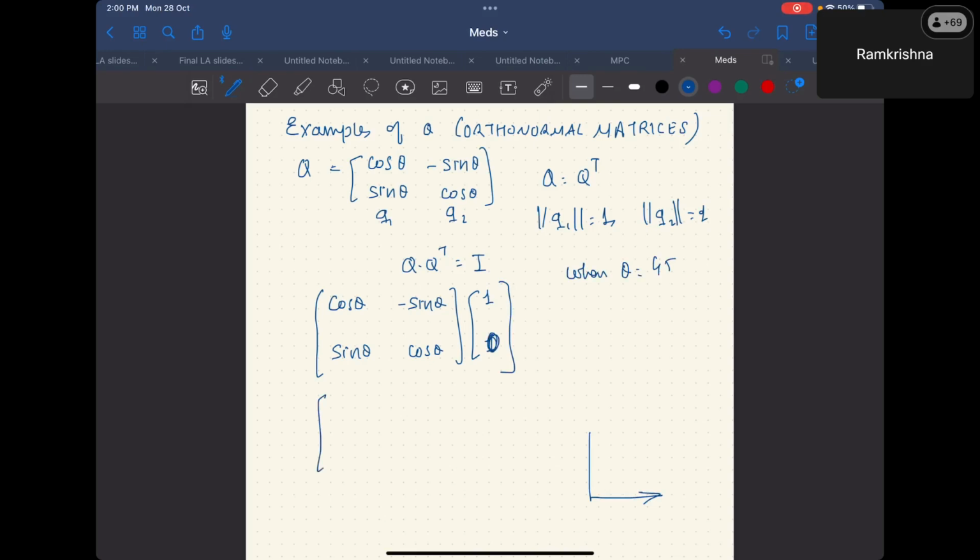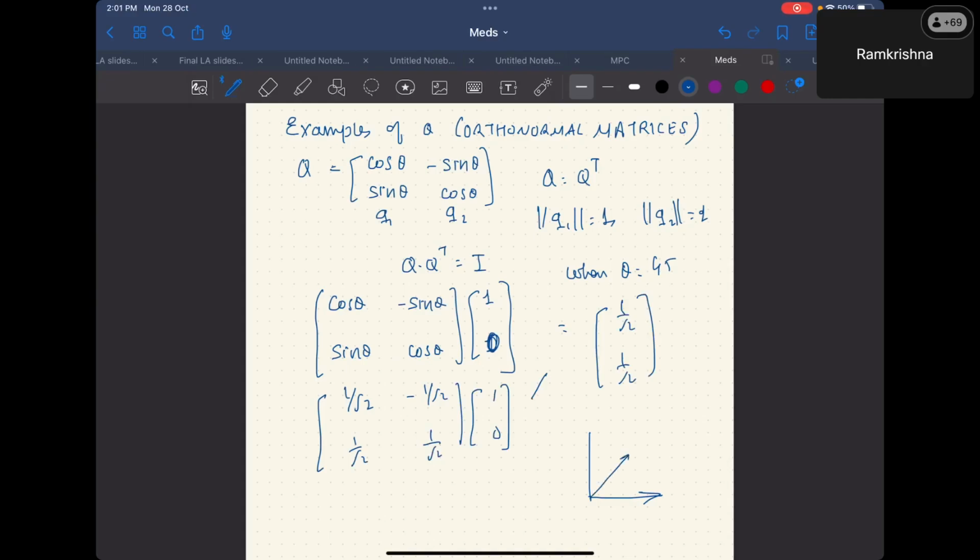What is cos of 45? This is 1 over square root 2, 1 over square root 2, applied to 1 and 0. So this will be 1 over square root 2 and 1 over square root 2. It is essentially somewhere here, right?